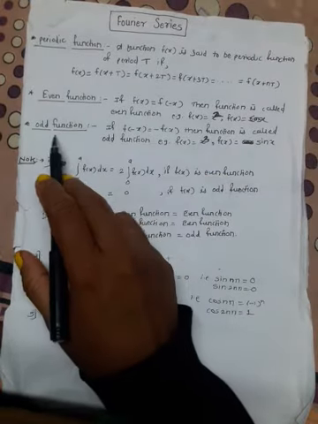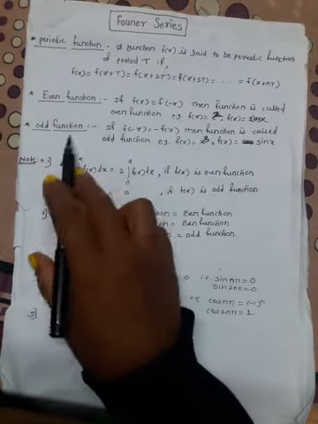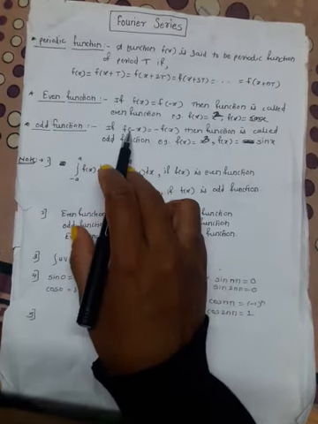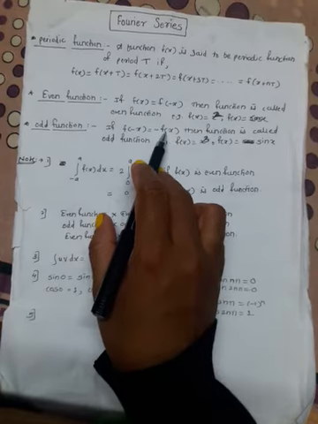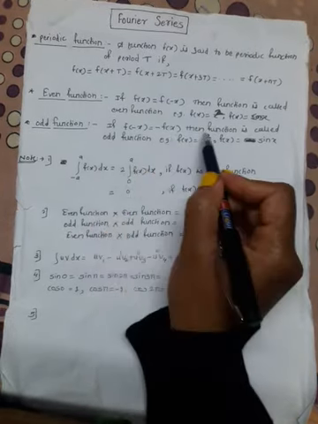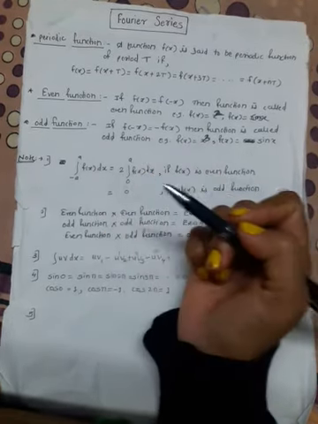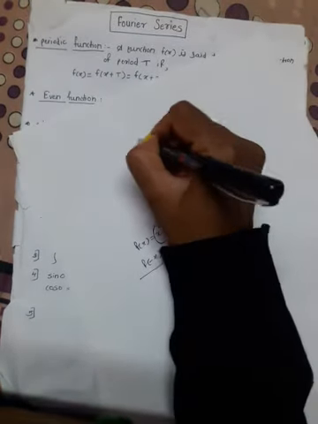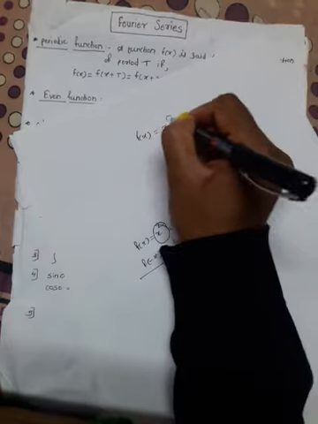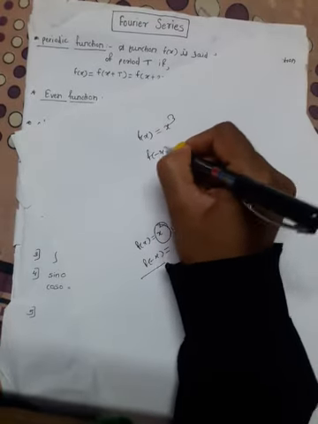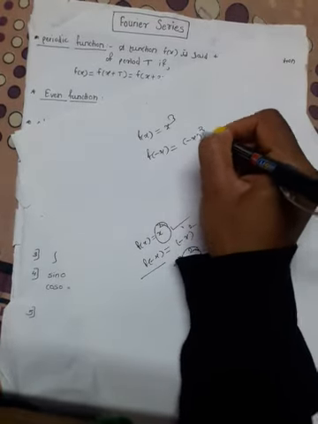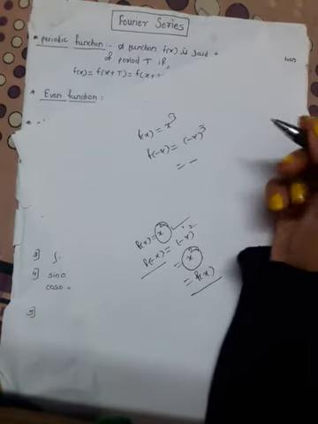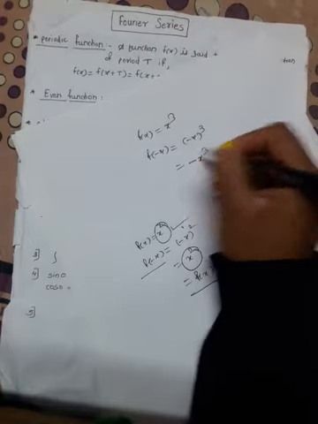In the opposite of that, odd function. What is the meaning of odd function? If f of minus x is equal to minus f of x, with the minus coming outside of the function, then such a function is called an odd function. For example, x cube. Suppose f of x is x cube, then f of minus x becomes minus x cube, since minus 1 three times becomes minus, and x cube as it is.